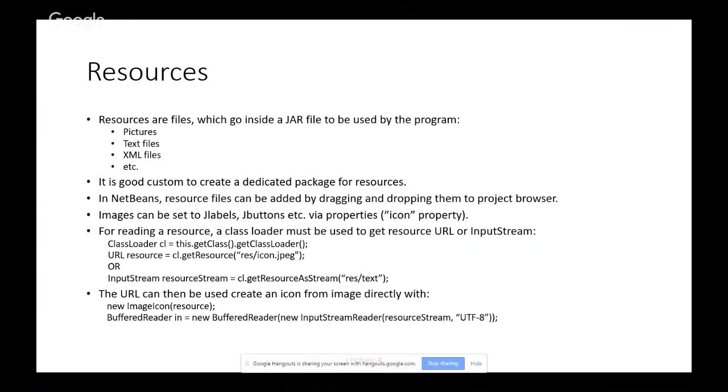So resources are all the other files except from the source code files that your program will need. So all sorts of icons and other pictures might be there, with some configuration files, plain content in text files and so on. And these can go into the project. You don't need to load them from some external file or folder in the file system.